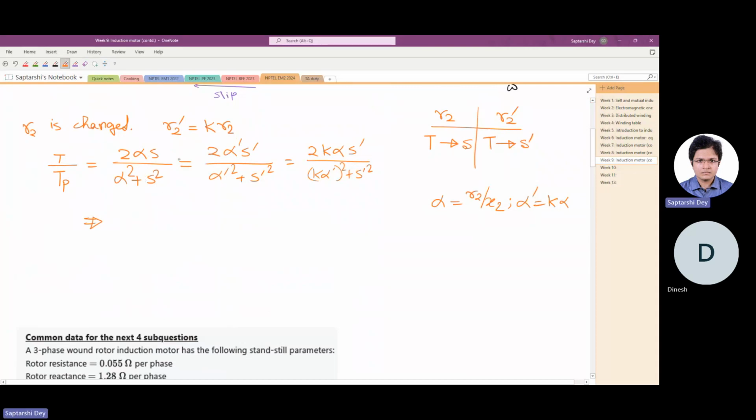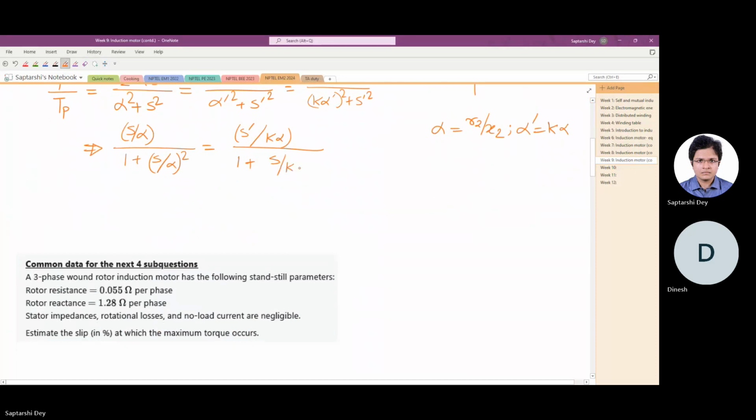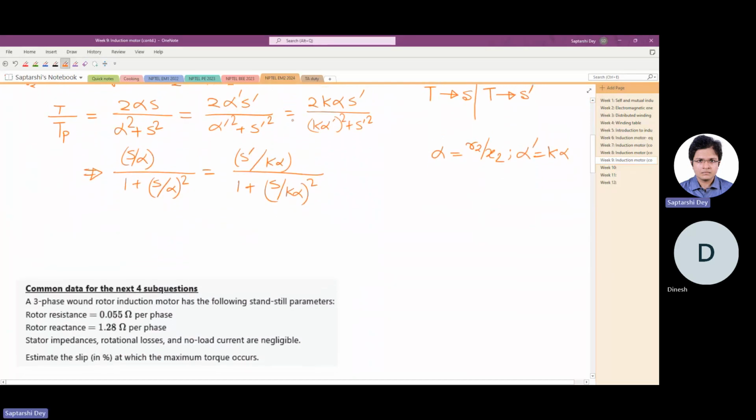If you divide top and bottom by alpha squared, what you will get is S by alpha by 1 plus S by alpha squared on the left. On the right, I divided top and bottom by K squared alpha squared, so this becomes S prime by K alpha over 1 plus S prime by K alpha squared.